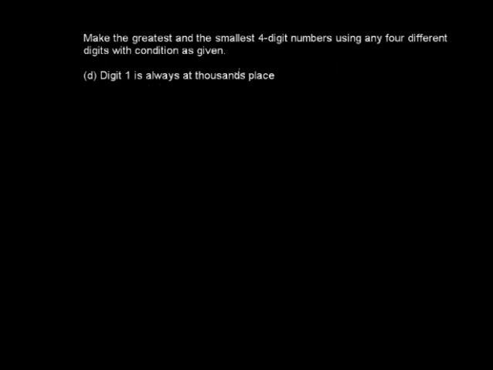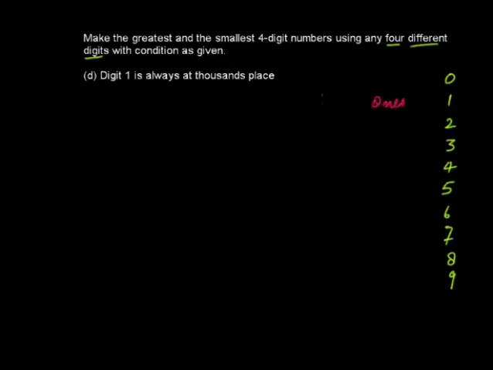Digit 1 is always at the thousands place. So first write 0, 1, 2, 3, 4, 5, 6, 7, 8 and 9. We have 4 different digits. So these were all the digits possible. 1 is always at the thousands place.